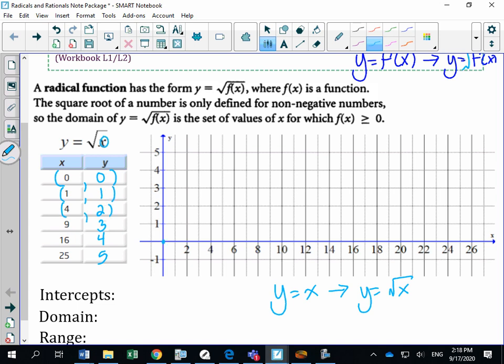So let's plot 0, 0, 1, 1, 4, 2, 9, 3, 16, 4, and 25, 5.